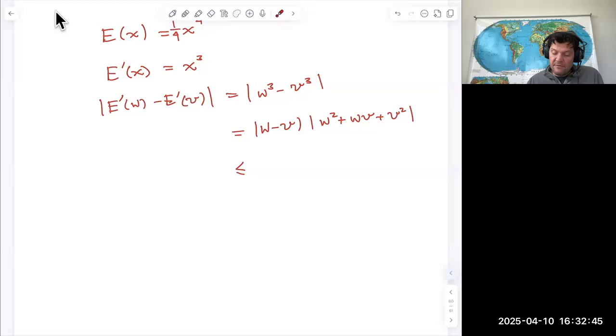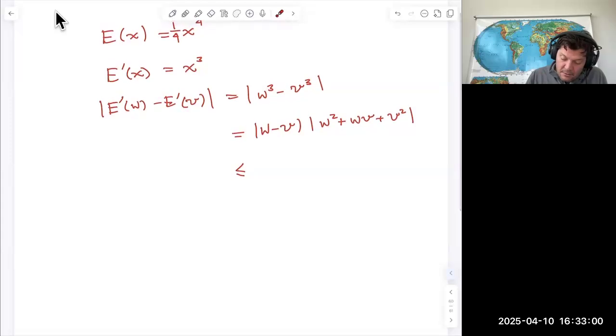But if W and V are required to remain in a bounded set, then I'm okay. So if W and V have to be in a bounded set, let's say an interval, then there is some L that I can find, which is going to dominate that sum. And then of course I want to bring along W minus V.